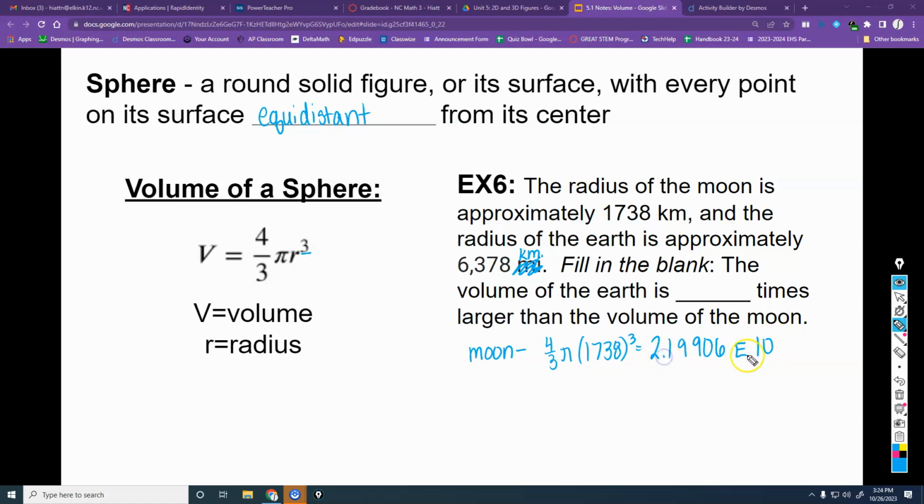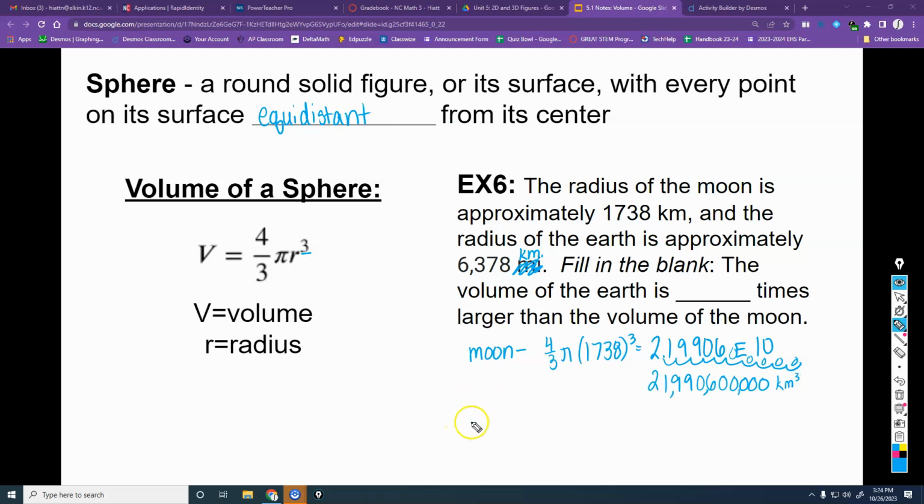That means this decimal needs to be moved 10 places. So it would be 1, 2, 3, 4, 5, 6, 7, 8, 9, 10. Fill those in with zeros. We'll have 2199061 and 5 zeros right there. So we're looking at 21 billion, and this is kilometers cubed.